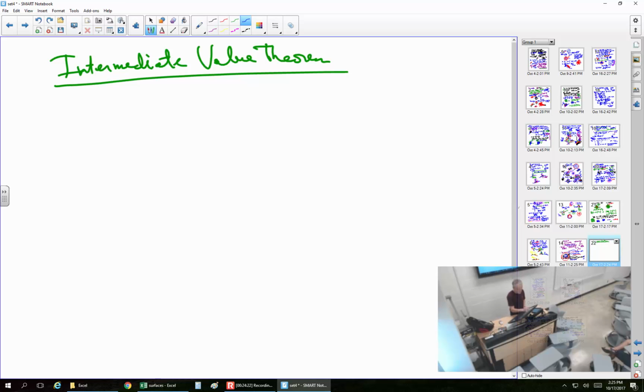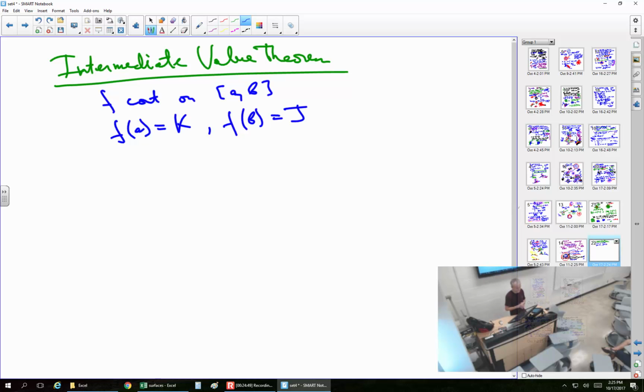If f is continuous on, say, the closed interval [a, b], and if f(a) is equal to, say, k, and f(b) is equal to j. I guess we have to know what kind of interval, kj or jk, so I could have just said f(a) is greater than f(b). Sorry, we don't really need it necessarily. We can use the word between instead.